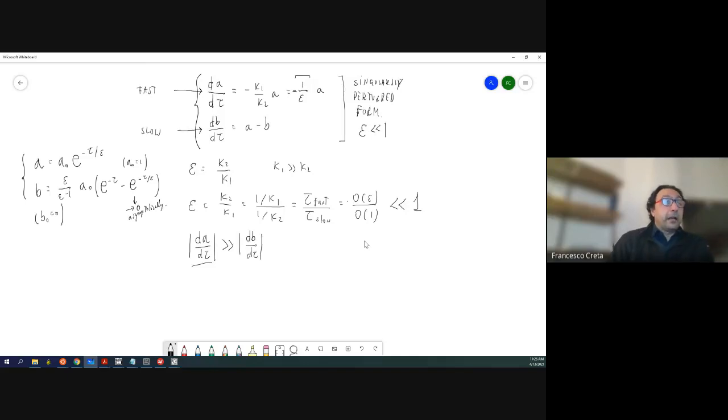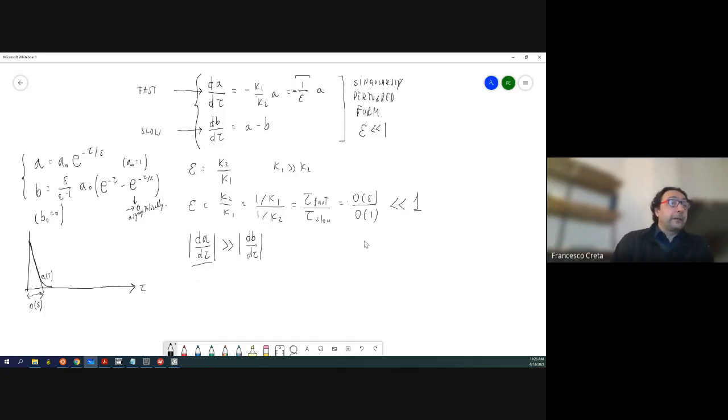So again, if we are to draw the evolution of this system, we'll have a very, very fast evolution here, which is within the boundary layers, so it's order epsilon, where you have essentially the exponential decay of A, this is tau.